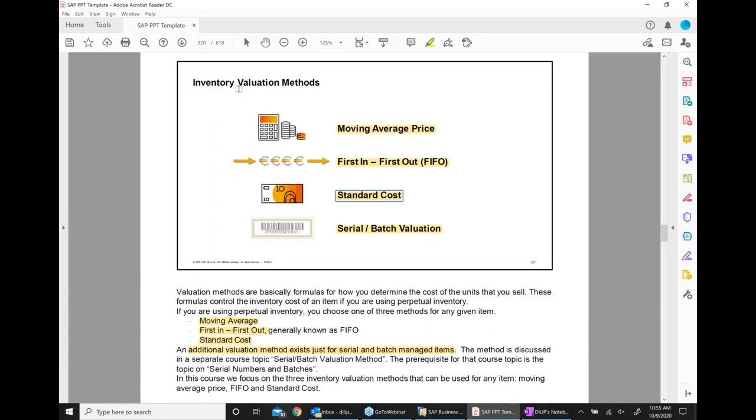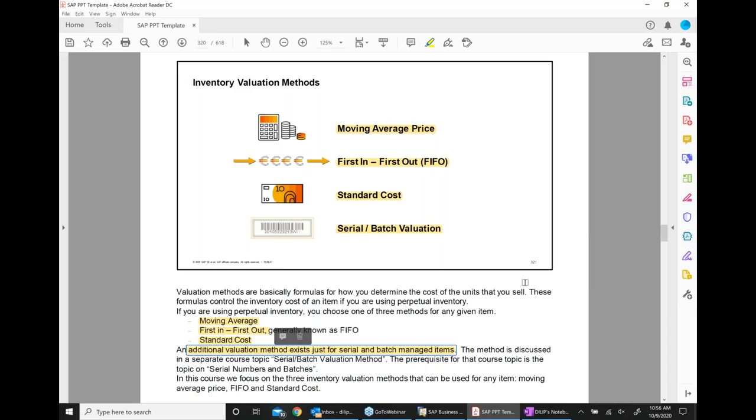And here we have an inventory valuation method. The first is called moving average price. Then we have first in, first out. Then we have a standard price, and then we have a serial and batch valuation.